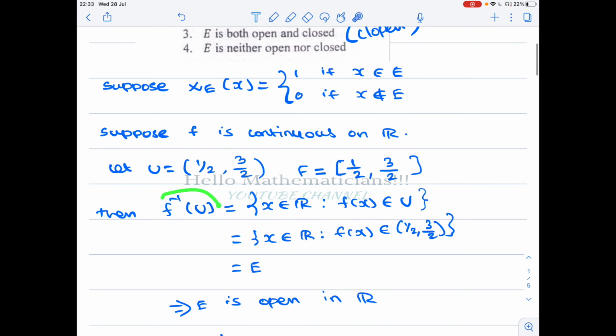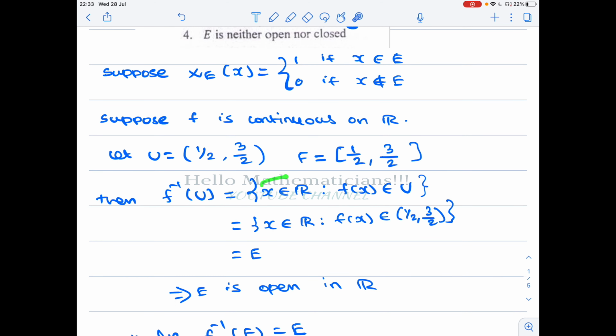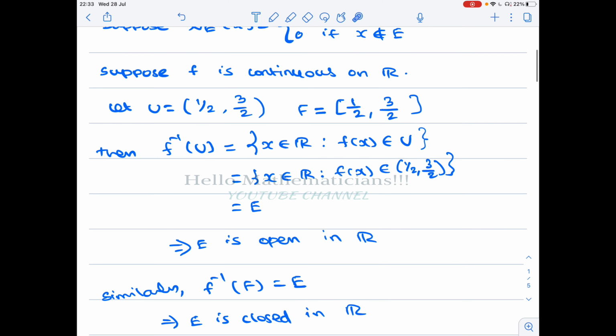Now what is f inverse of U? By definition, f inverse of U is the set of all x belonging to R such that f(x) belongs to U. Now, the interval U is the open interval (1/2, 3/2).